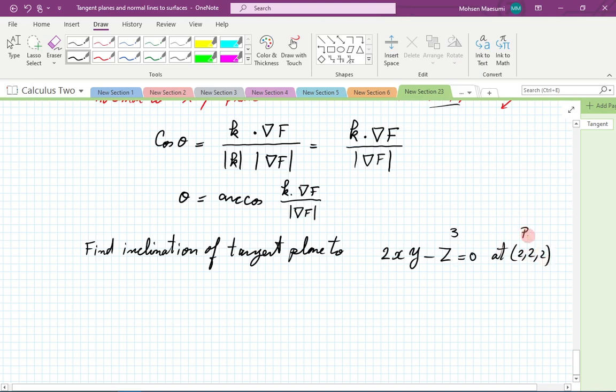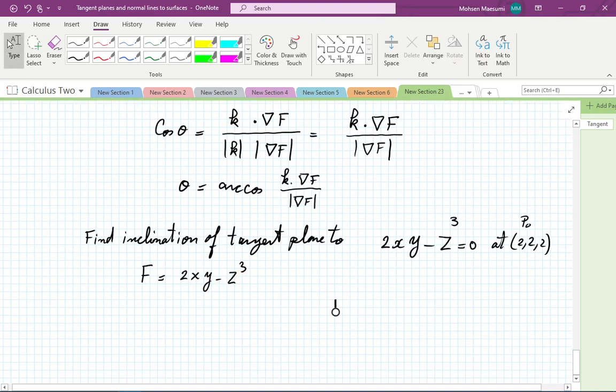So that's my P0. So what do we do? First of all, I write my F. If they were on two separate sides of the equality, I bring all of them to one side. In this case, there's nothing to do, so F is just that.